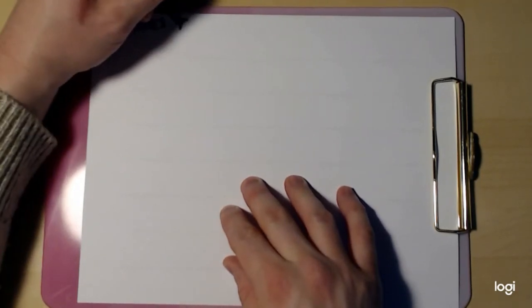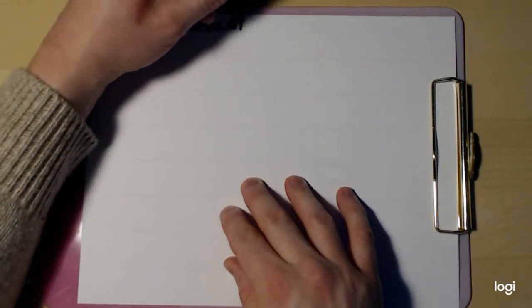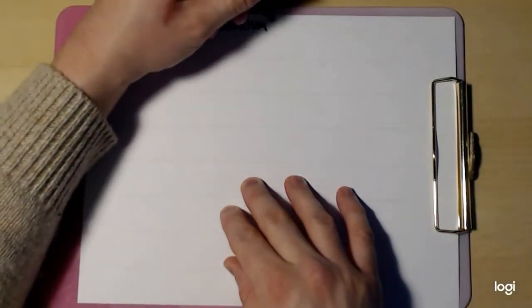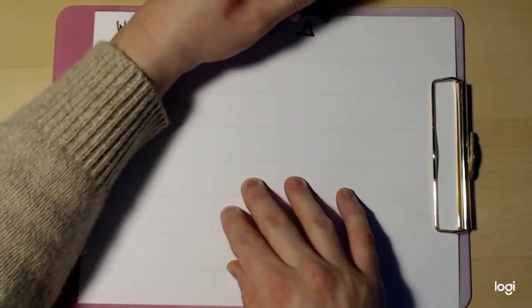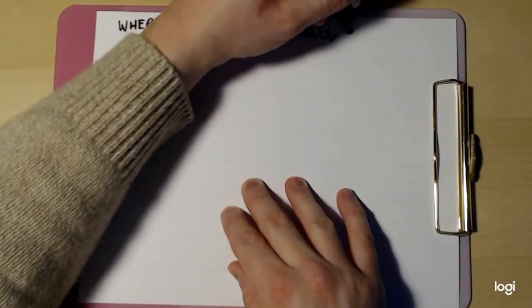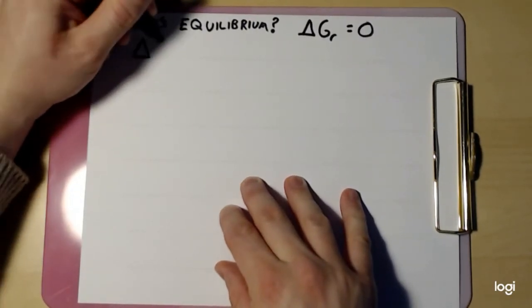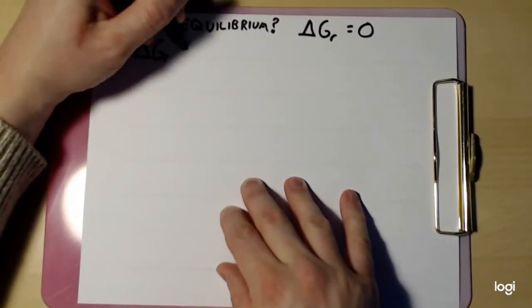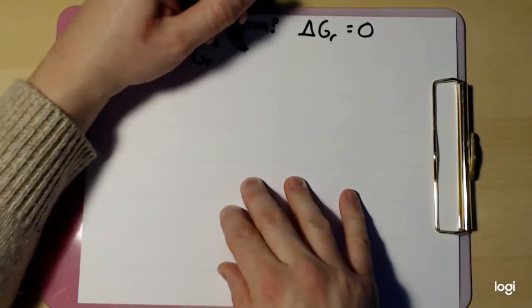So now, for any system with arbitrary starting concentrations of reactants and products and at an arbitrary temperature, we now have the tools to determine whether or not the relevant reactions in that system are spontaneous or not. And we can also use this exact same tool to determine where the equilibrium point is of that system. We recall that at equilibrium, the free energy of reaction equals 0. So we can rewrite our equation again.